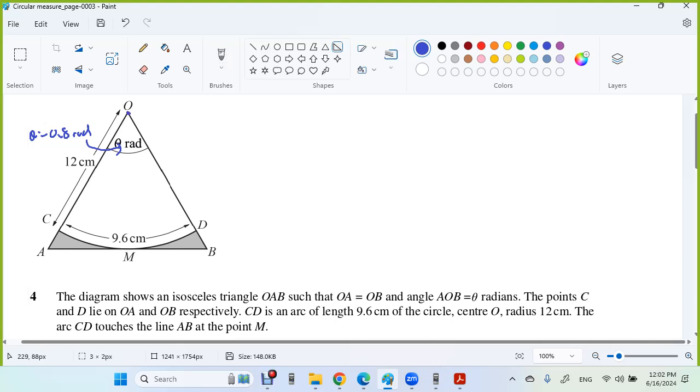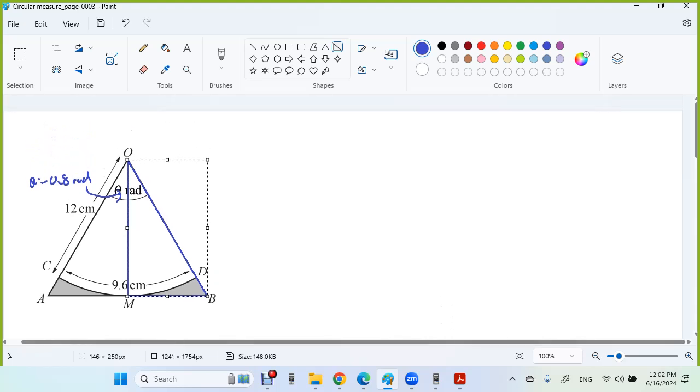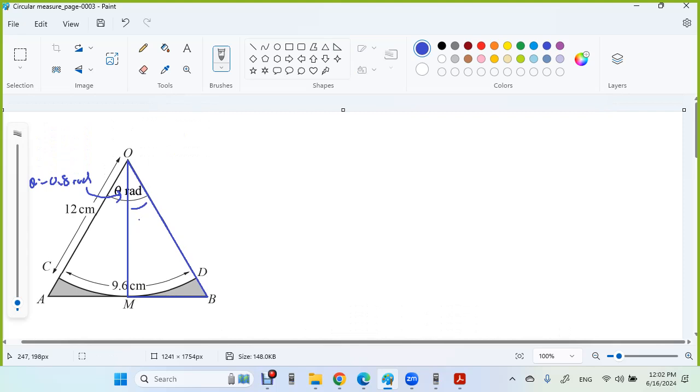Over here, we can have a right angle triangle. For this right angle triangle, this angle is 0.4 radian. We know that OC equals OD equals OM, which is the radius, 12.